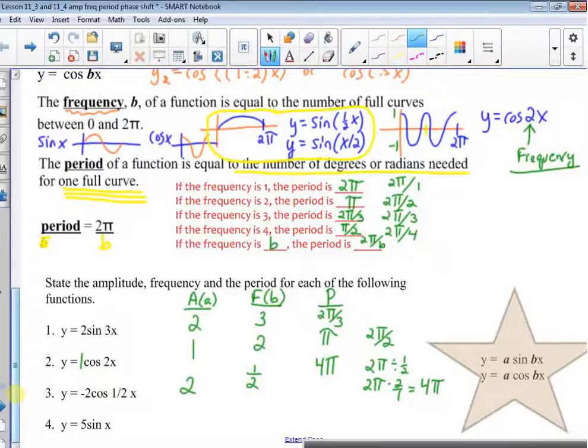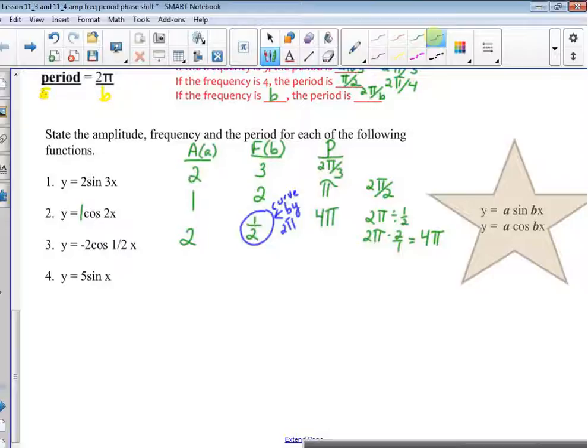So you're only getting in a half a curve here. So this frequency means you're getting in half a curve by 2 pi. So this would be a half curve by 2 pi. And you'd get in a full curve by 4 pi.